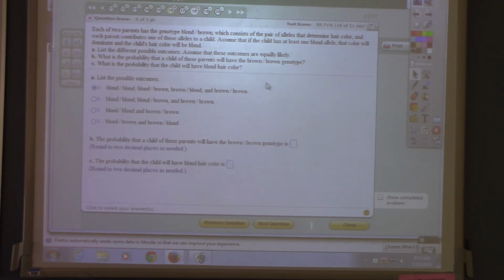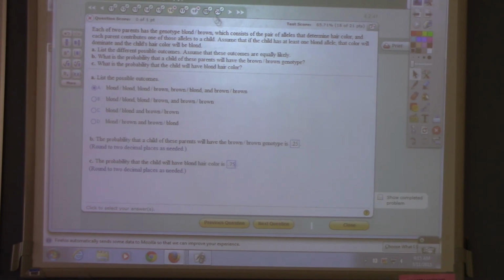Okay, then that changes everything. All right, the probability that a child of these parents will have the brown genotype would be 1 out of 4, which is 0.25, right? Yeah. And then that would be 0.75. Okay. So I was just going too fast. I sucked on that one too.